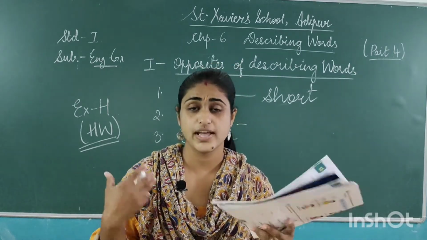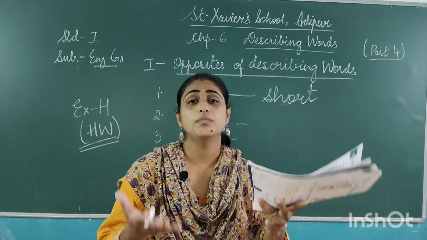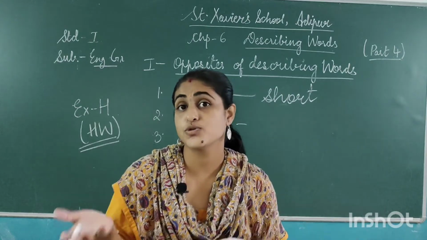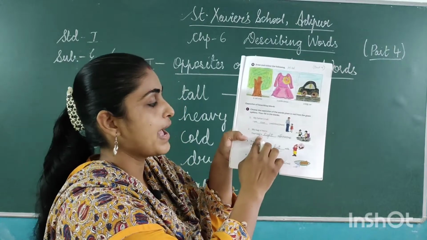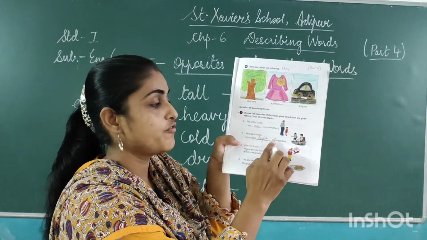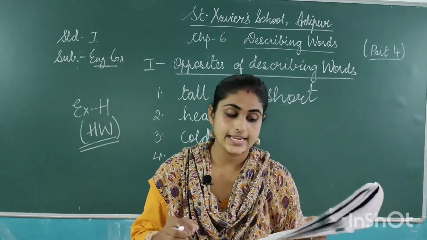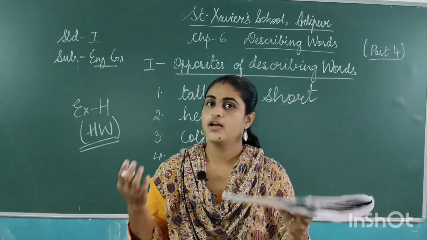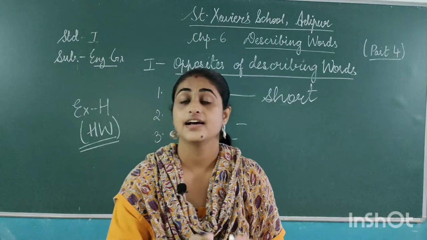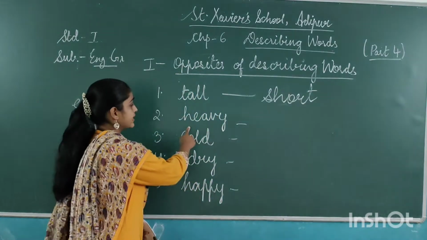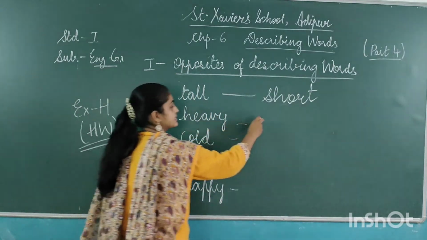My school bag is very heavy. What is the opposite of heavy? Light. So your bag is dash. The first option is light, tall and big. What will be the opposite of heavy? It is light. So the second one will be light.